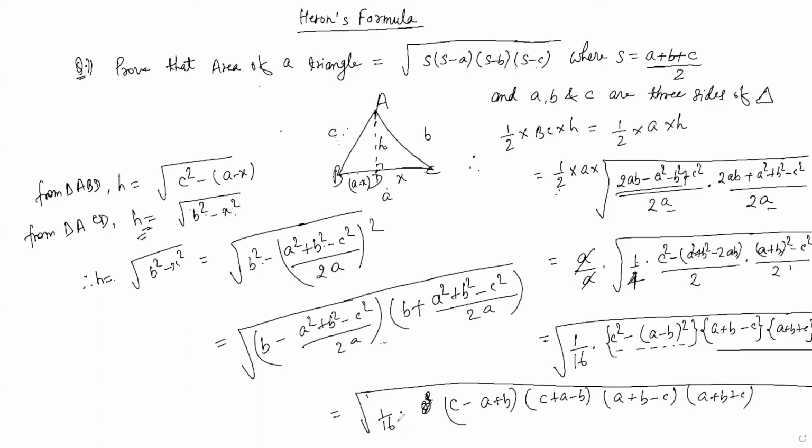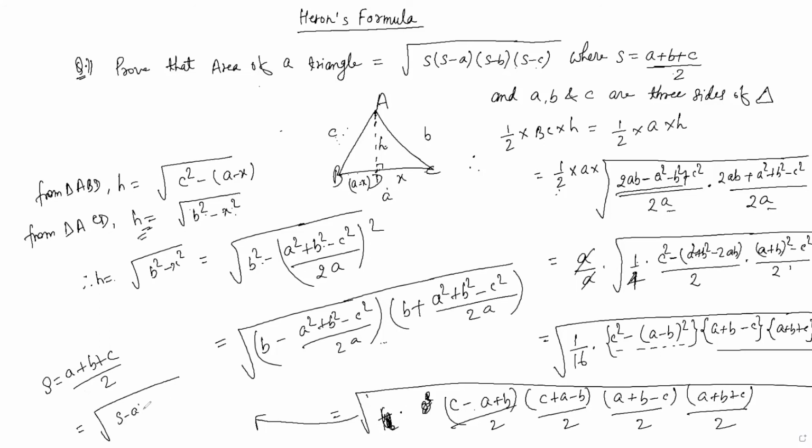Now instead of 16, I can simply put divided by 2 four times, which is the same as 16, so I can remove 16 from here. Now if I assume that s equals a plus b plus c divided by 2, this formula becomes equivalent to under root, this is nothing but s minus a, this is s minus b, this is s minus c, and this is s.